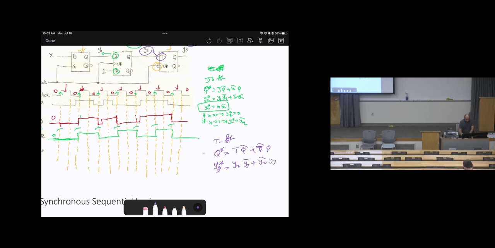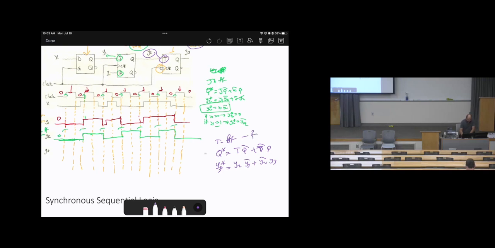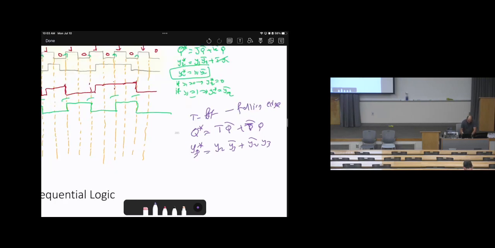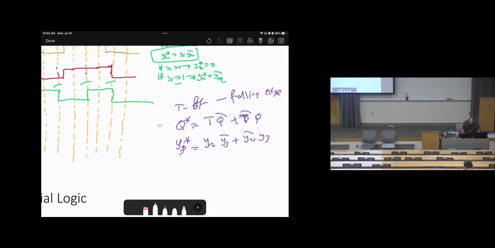And keep in mind it's falling edge. Now let's have these scenarios. If Y2, or in other words T, equals 0, this will make Y3 star equal to Y3.